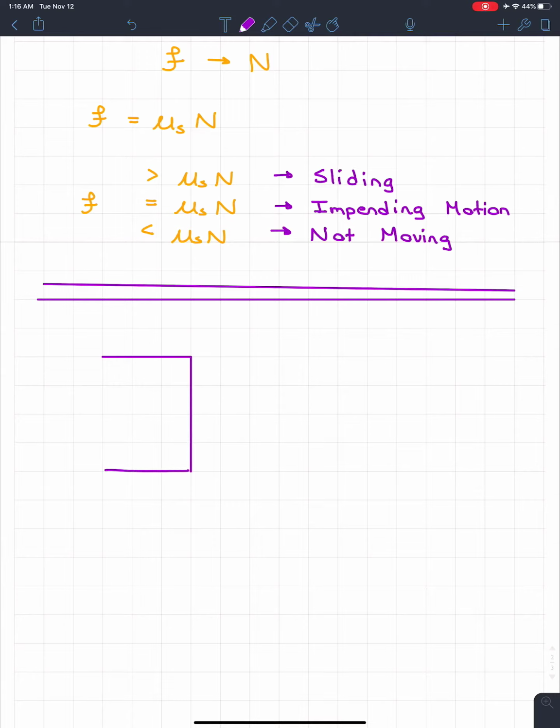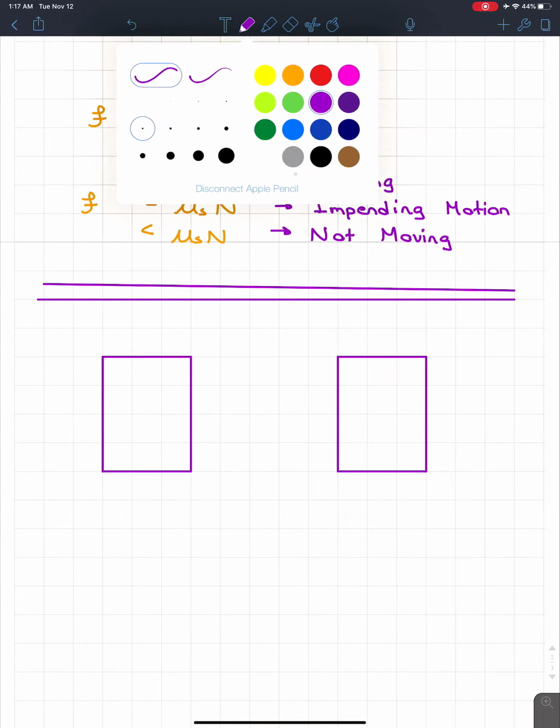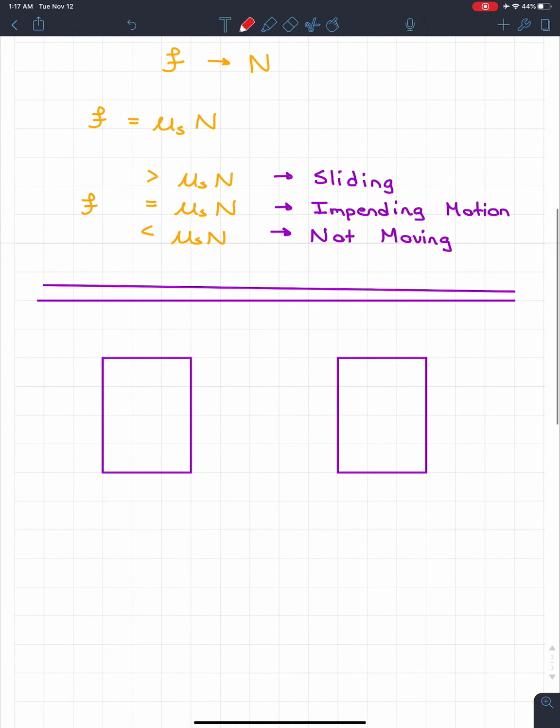This is very important because a lot of students on the final will only check one of these scenarios, and if you don't check the other scenario, even though it's actually really easy, you'll lose a lot of marks. You're going to have to check both. So we're going to have two scenarios. Each one of these is a crate, and we're going to put a force on it, like this.